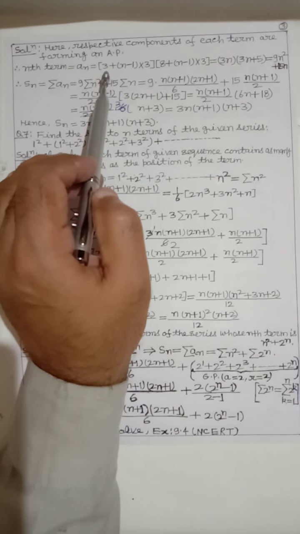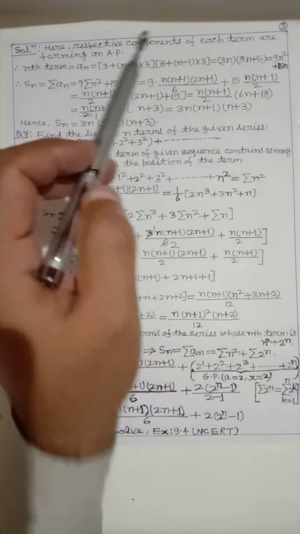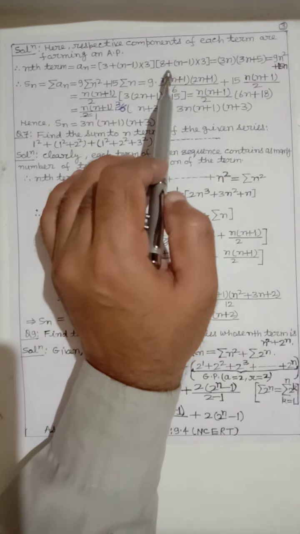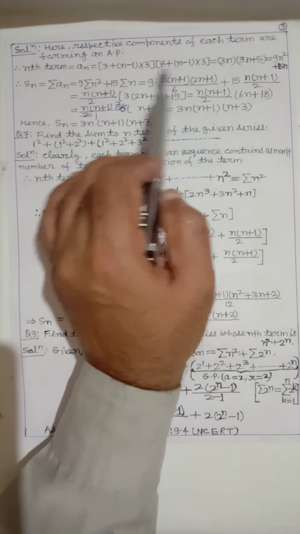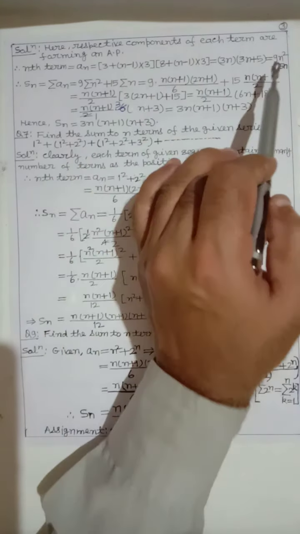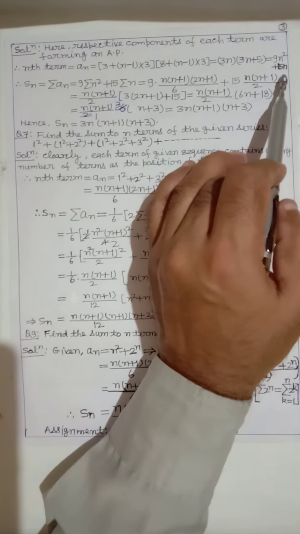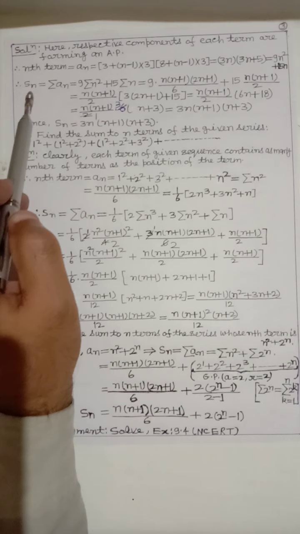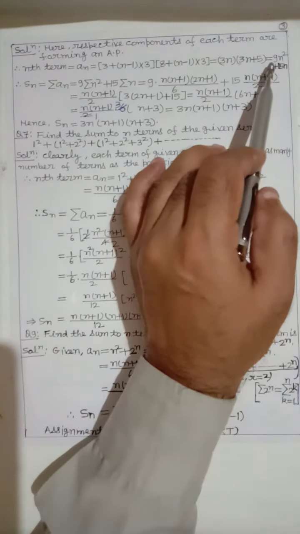So we get 3 plus n minus 1 into 3. Similarly for the second AP, we get 8 plus n minus 1 into 3, and we solve these two, we get 9n square plus 15n.